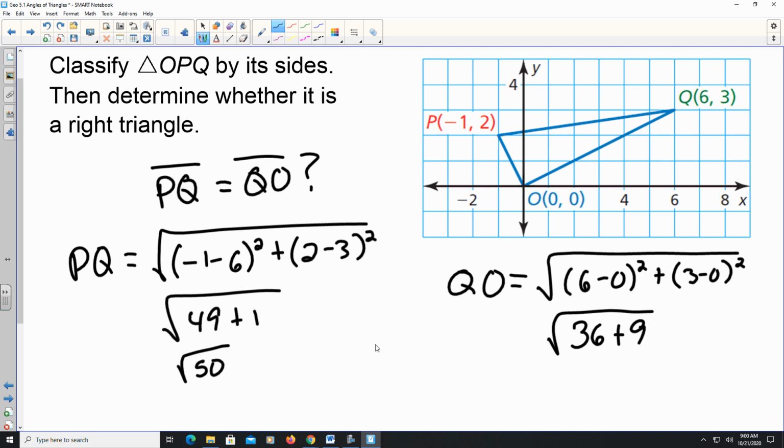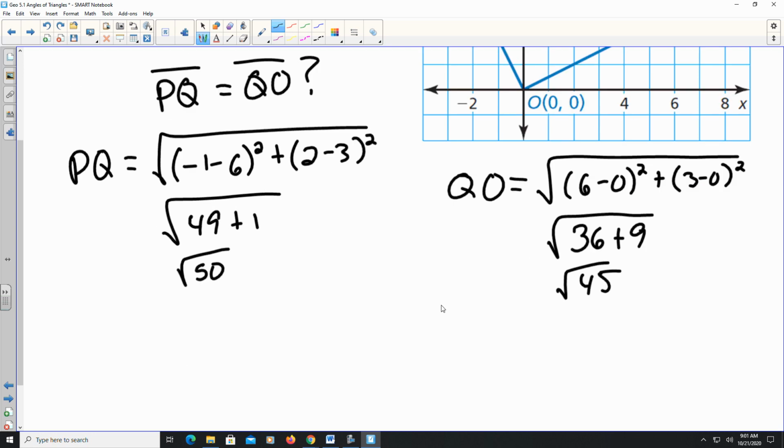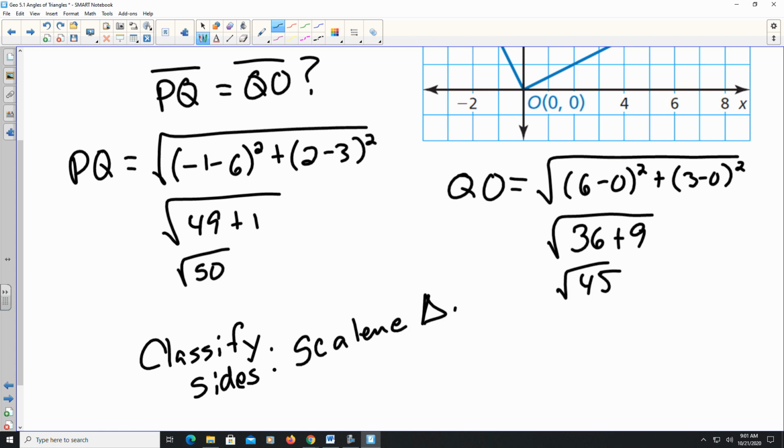So 36 plus 9 is 45. So I got the square root of 45. They are not going to be the same. So I can say now that all three sides are not the same. If I were to classify this by its sides, because none of the sides are congruent, we are going to say that this is a scalene triangle.